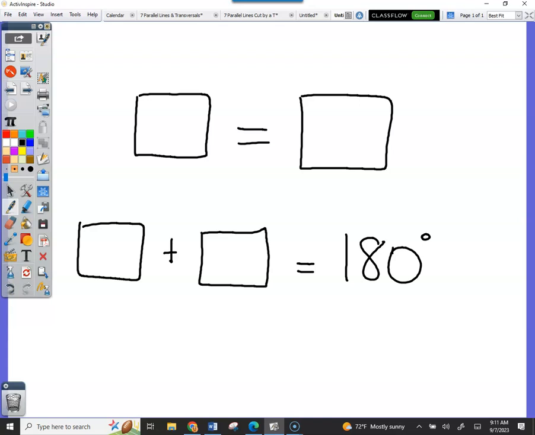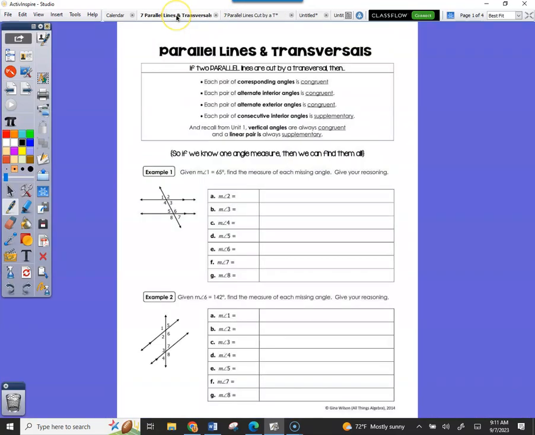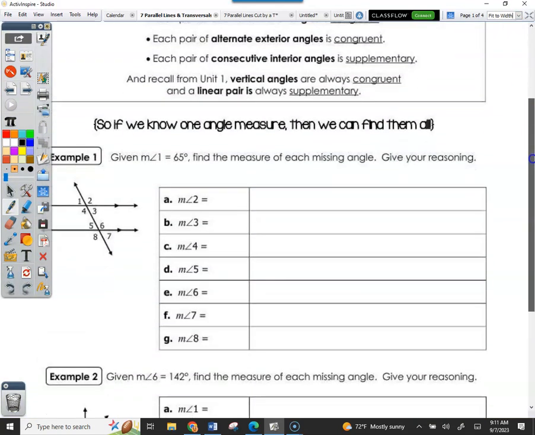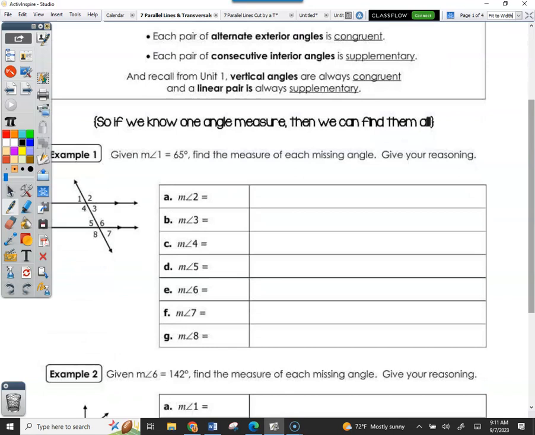I want us to fill in example 1 using just vertical or linear pairs first. Vertical or linear. Okay? So let's look at it.